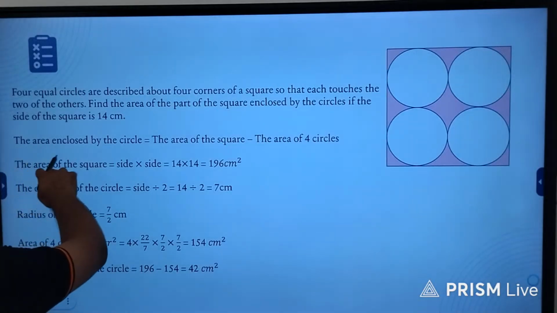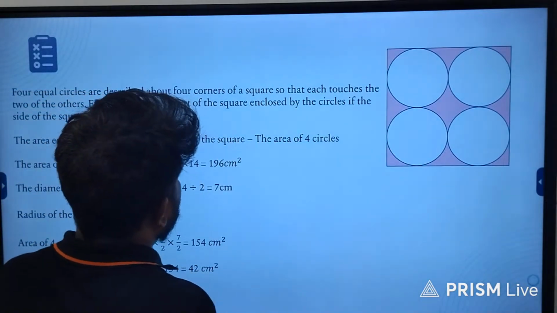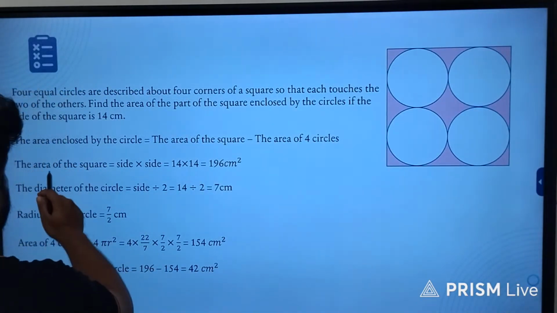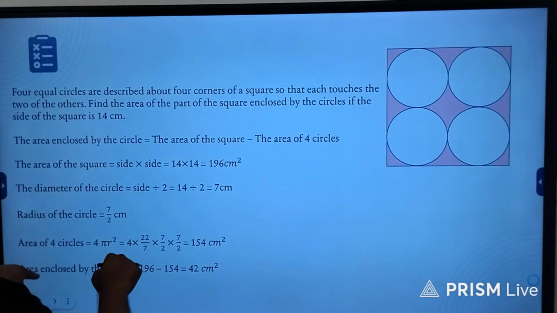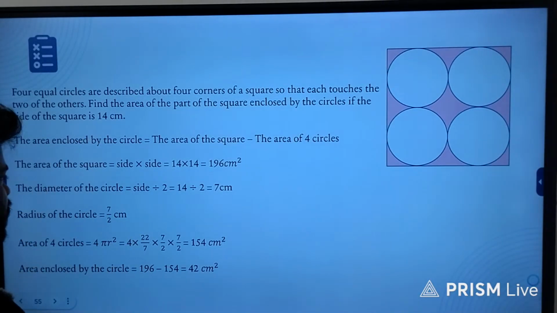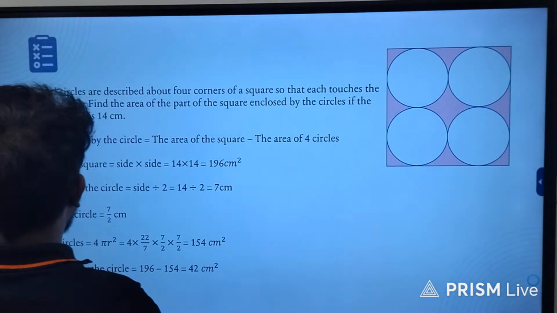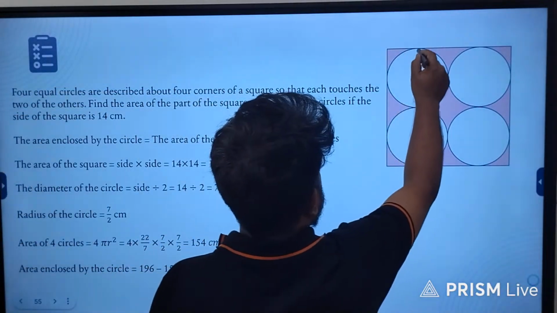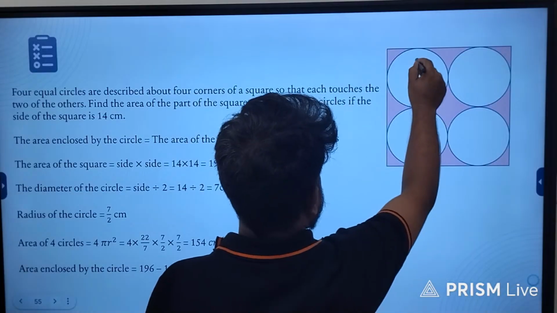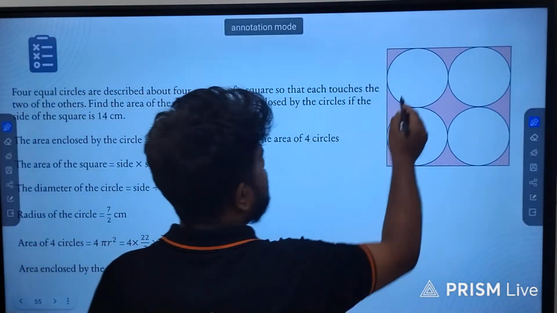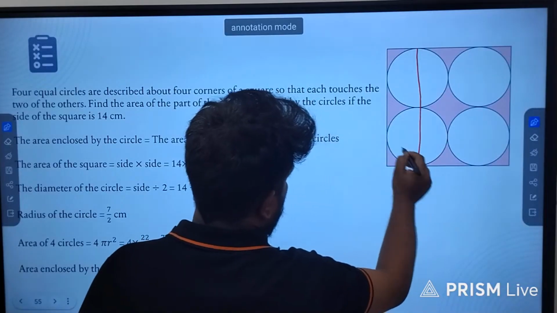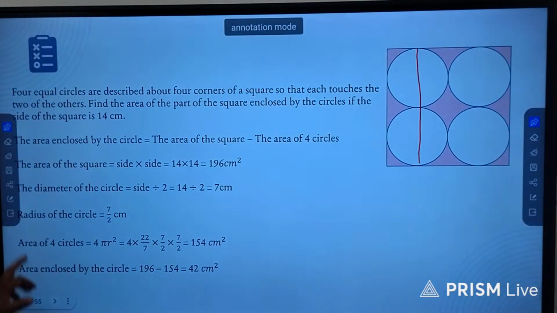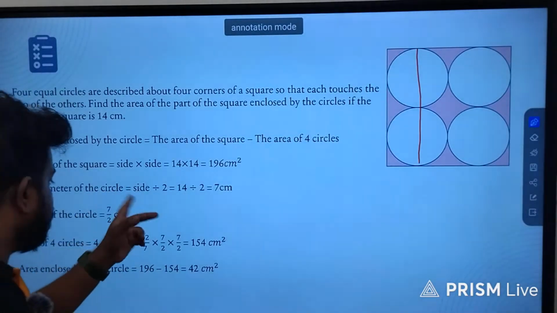Okay. So the area enclosed by the circles is the area of the square minus the area of the 4 circles. The side of the square has been given as 14 centimeters, so the area will be 14 into 14, that is 196 centimeter square. And the diameter of the circle, if we take this, it will be the diameter of 2 circles, so the diameter of the circle will be 7 and the radius of the circle will be 7 by 2, that means it will be 3.5.